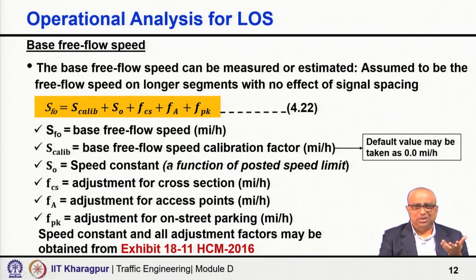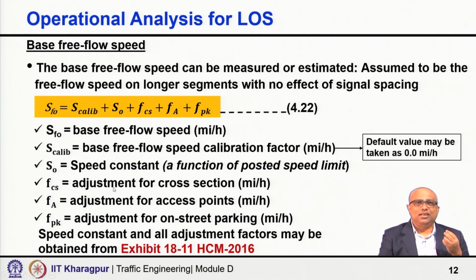I have not written all these equations here. What I want you to understand is the other adjustments we are making, because you cannot remember so many formulas and values. That is not the objective; the basic aim is to give you an understanding of the factors that are influencing.